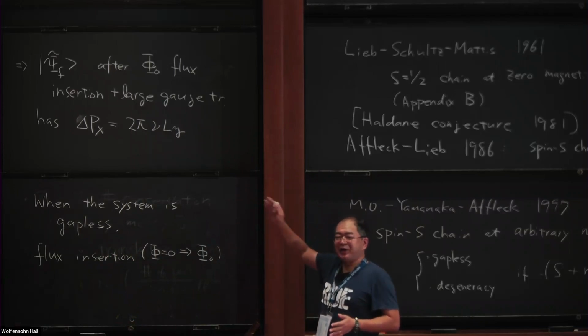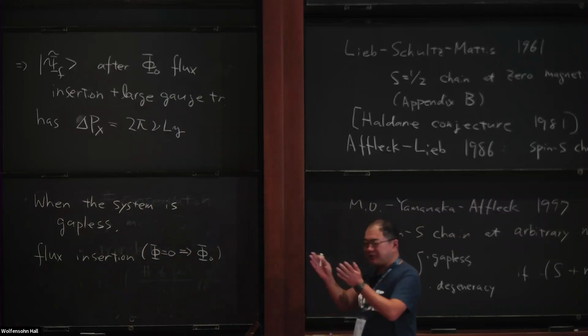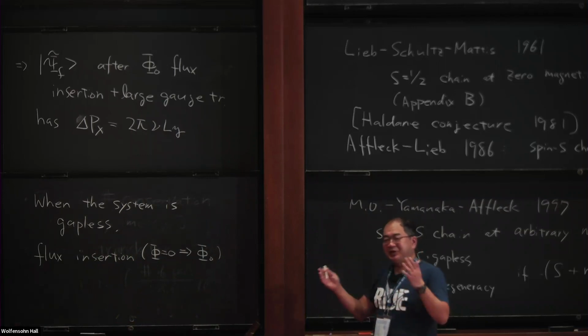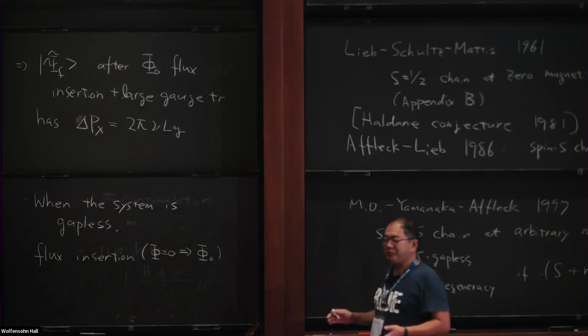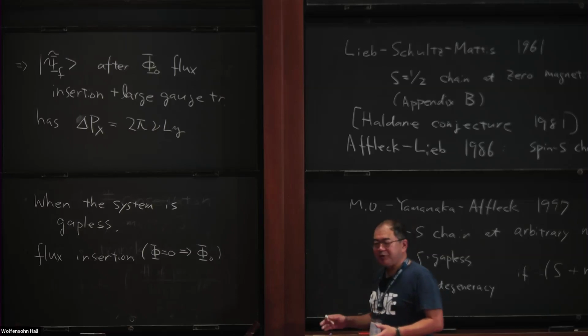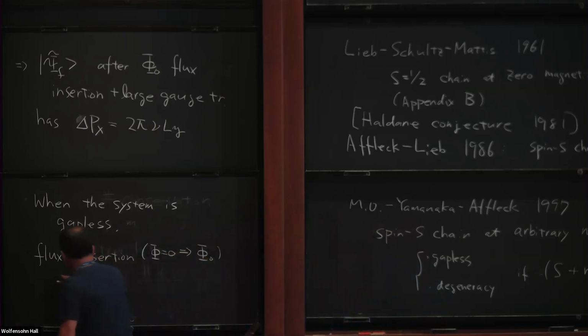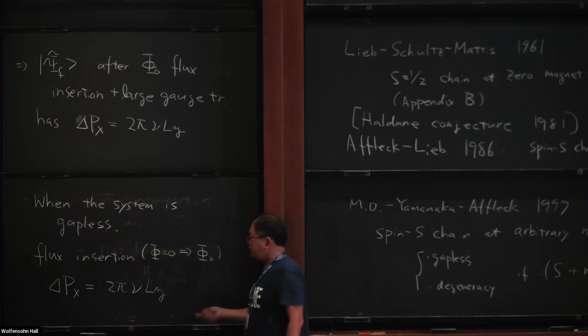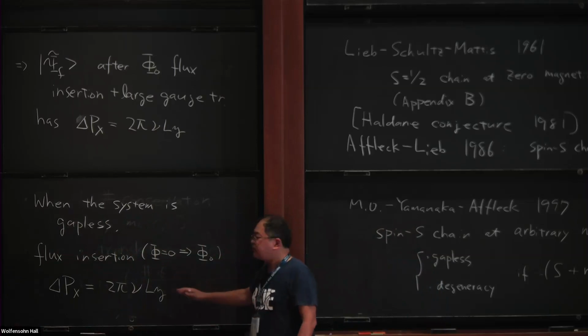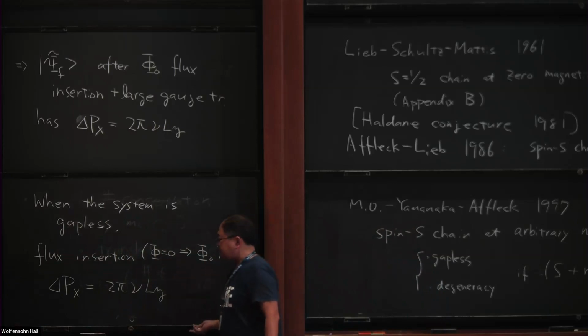So I didn't make any assumption other than this U(1) symmetry and the translation symmetry to derive the momentum shift. So it should also be valid for a gapless system. So you should have this. So this is still valid when the system is gapless.